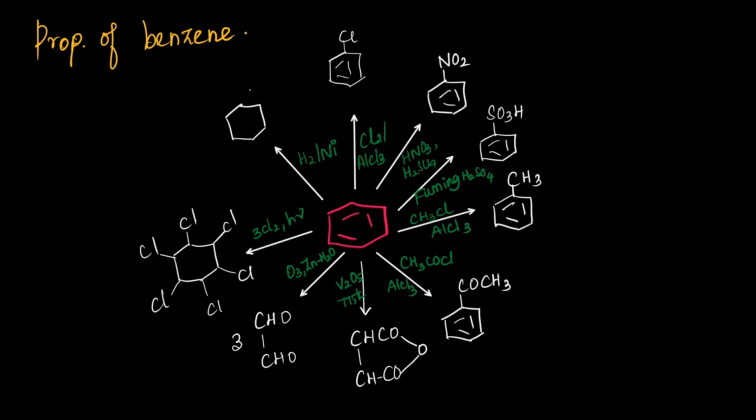As you can see, benzene can take up chlorine to form chlorobenzene, take up a nitro group to form nitrobenzene, undergo sulfonation, alkylation and acylation. So you can see these five are electrophilic substitution of benzene.